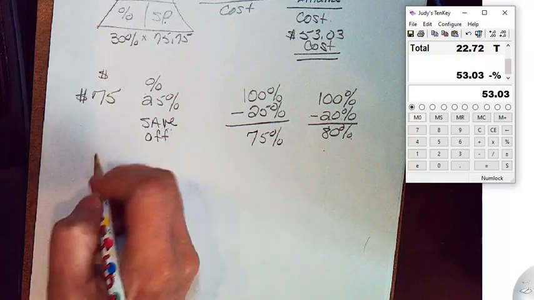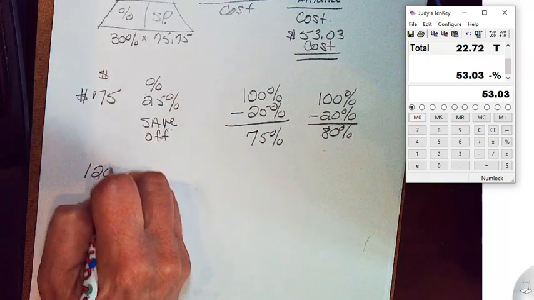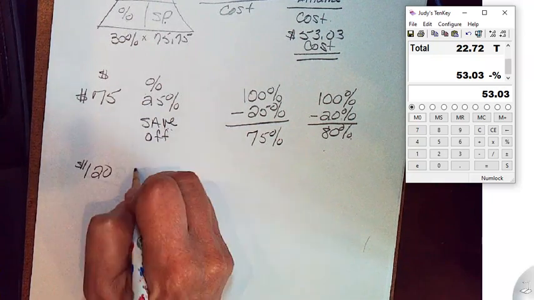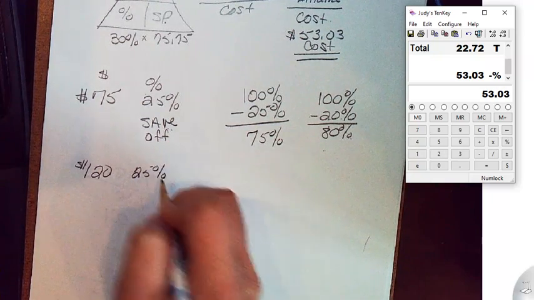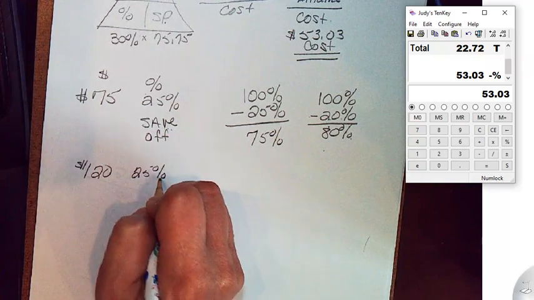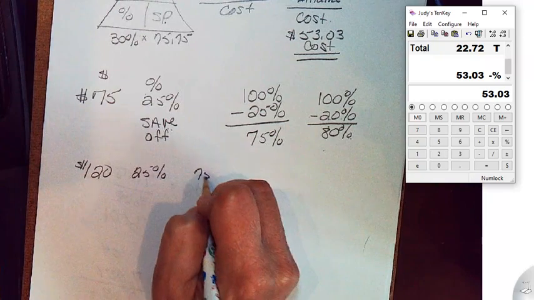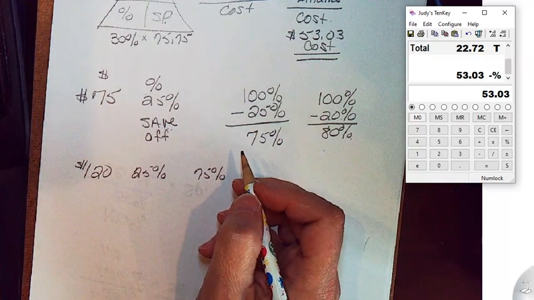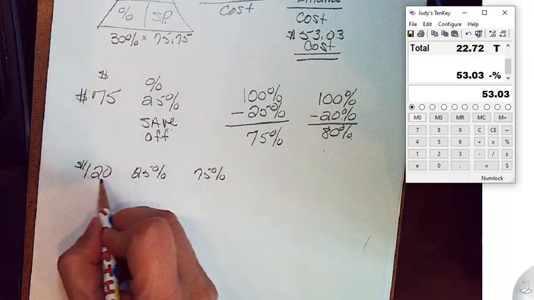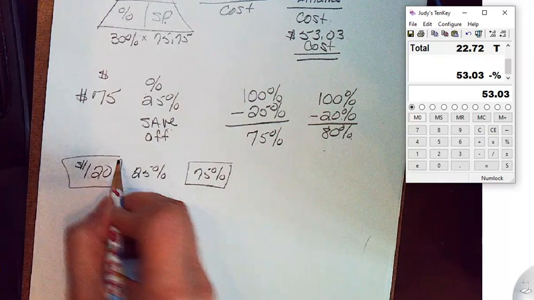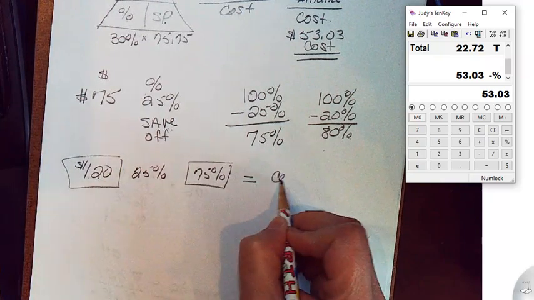if my price is $120 and my markup rate is 25%, the complement of 25 is 75%. So if I take 120 times the complement, that'll get me straight to my cost.